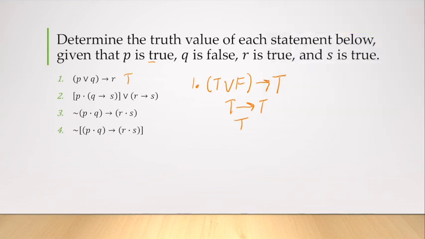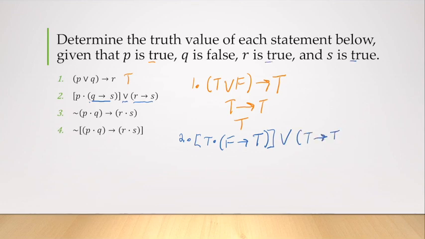For 2, I have P and Q implies S, or R implies S. So I have P, which is true, and Q, which is false, implies S, which is true. See, I'm just substituting in the truth values for our variables. Or R implies S. Well, that's true implies true.